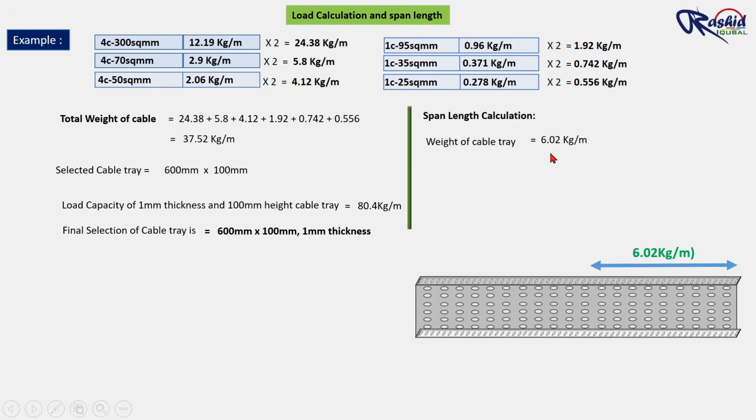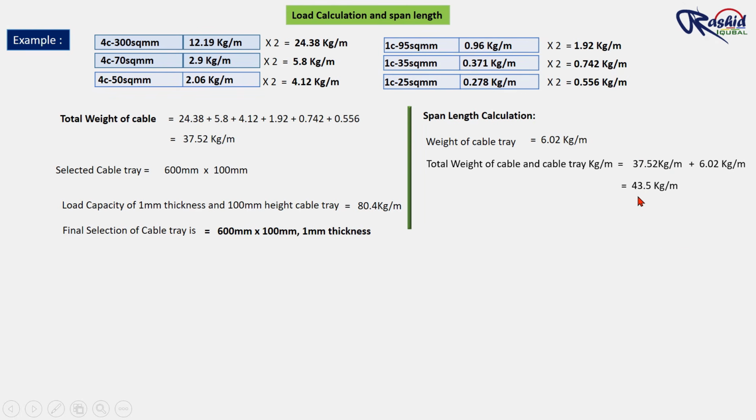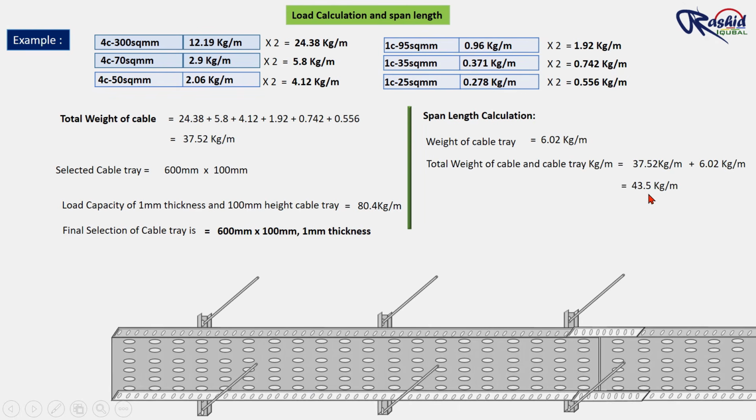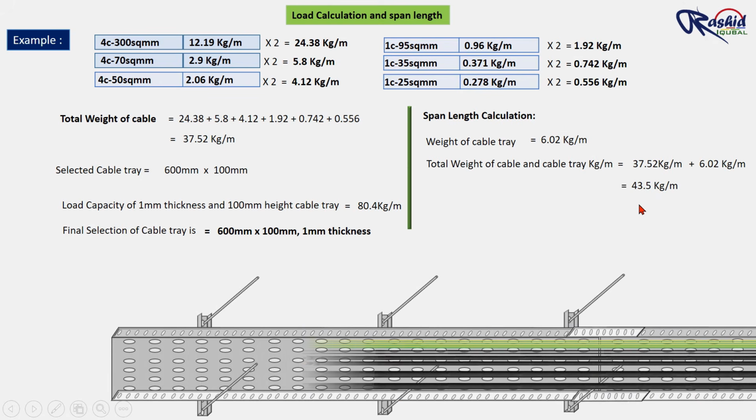So the total load per meter is the sum of cable weight and cable tray weight. Here 37.52 kg for cable plus 6.02 kg for cable tray, which equals 43.5 kg per meter. This is the overall weight of the system in kg per meter.